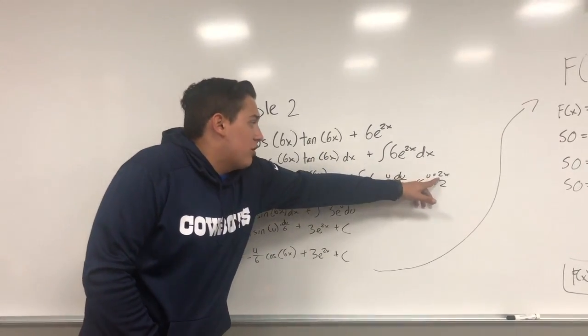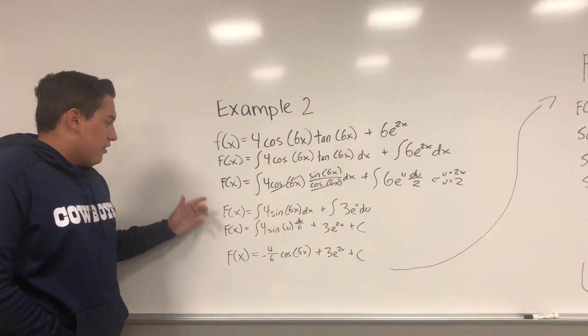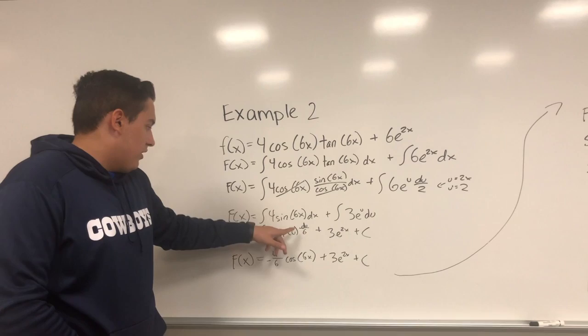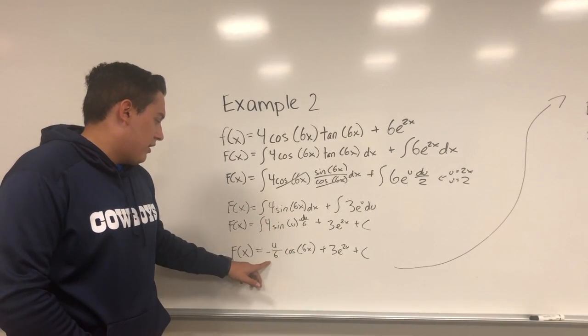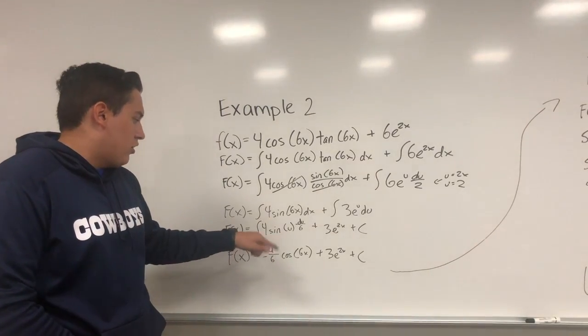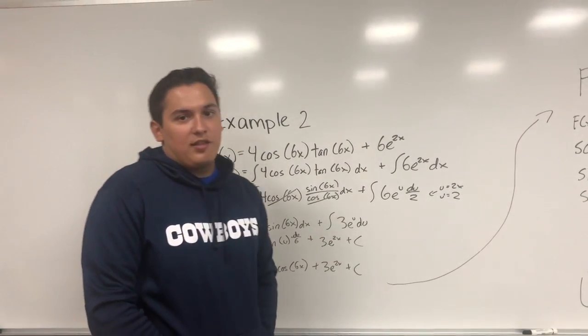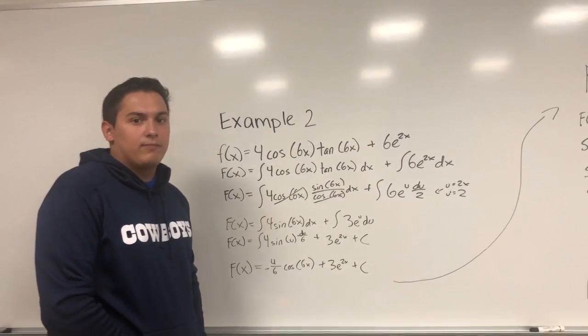The u initially was 2x, so this is your answer for that part. And in here, for the 4 sine 6x dx, the u is 6x, so it's u over 6. Negative 4 over 6 cosine of 6x plus this. And that's the answer without a particular antiderivative.